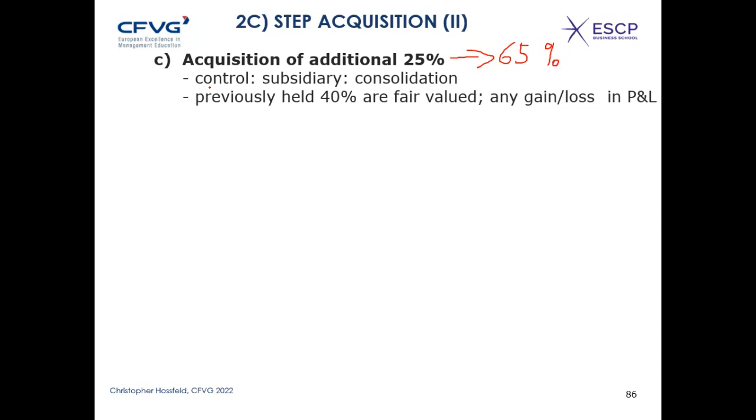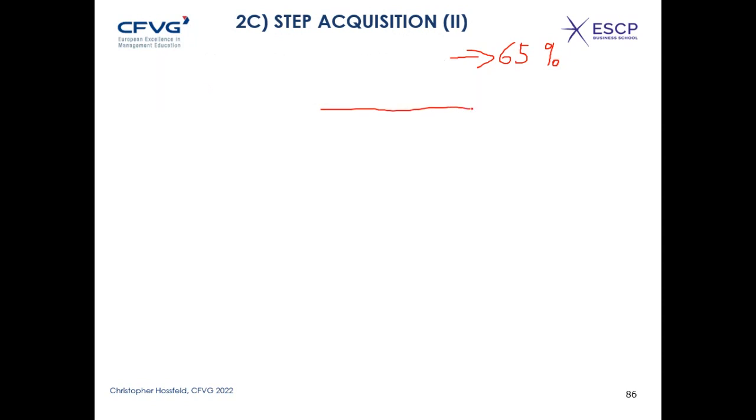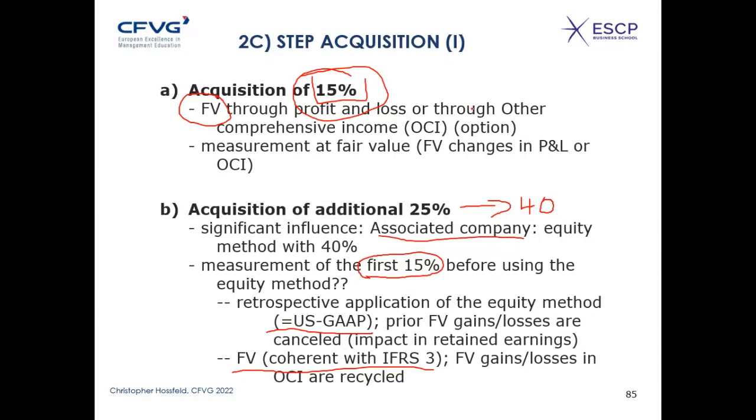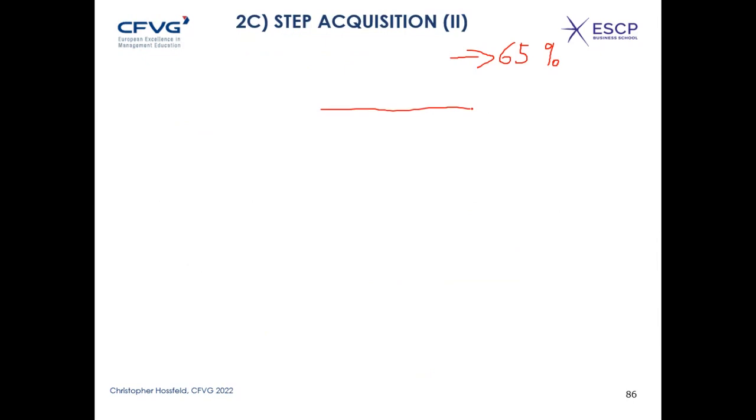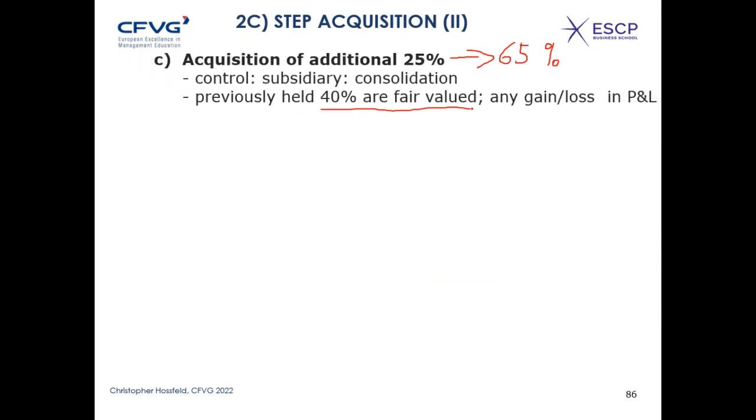What do I do with the 40% that I held previously? Well, the 40% are fair valued. Remember, as of now, for the 40% we use the equity method because we are at the end of step B. Now I need to fair value them. Fair value is not the equity method book value. Fair value, as we'll see later, may be market value.